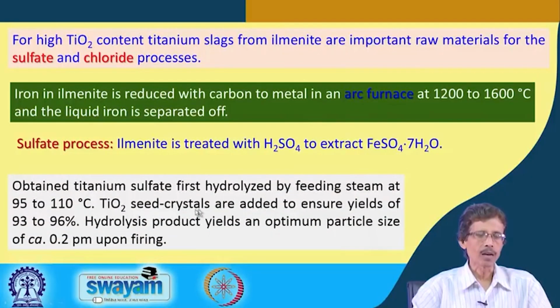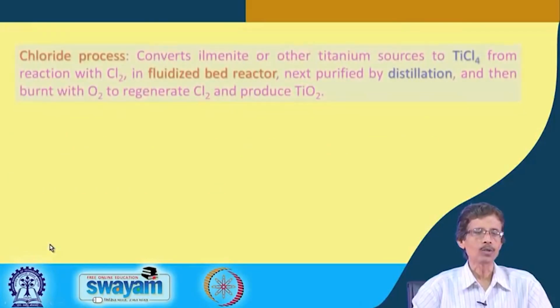And that titanium sulfate is first hydrolyzed by feeding steam at a temperature close to the boiling point of water, giving the hydrolyzed product, and titanium dioxide seed crystals can also be added to ensure the corresponding yields of around 93 to 96%, and the hydrolysis products yield an optimum particle size of about 0.2 picometer upon firing. So, you get the material as sulphate, you hydrolyze it, and then you charge it for the firing process to get the corresponding material as your TiO2 material.